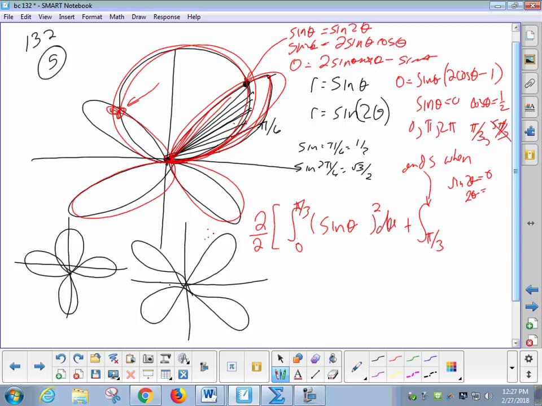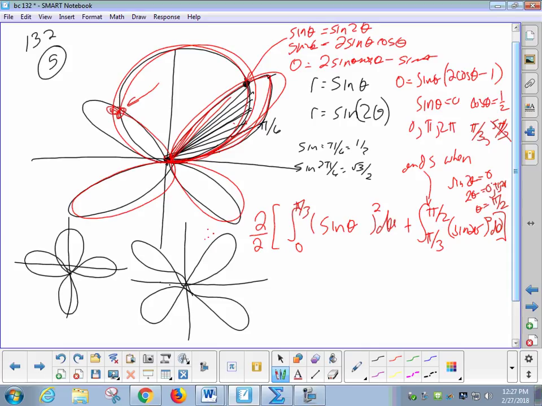When 2 theta equals? Sine is equal to 0 at 0 and pi and 2 pi, so that's when theta equals pi over 2. Okay? And that's to the rose, so we use sine of 2 theta squared.